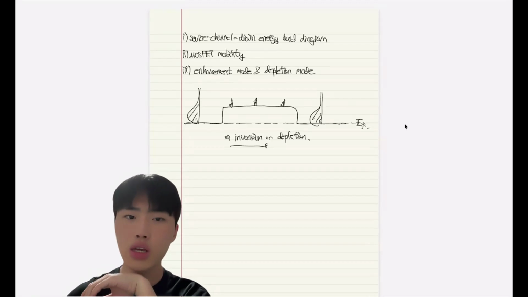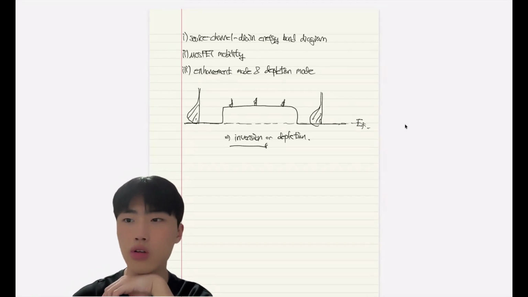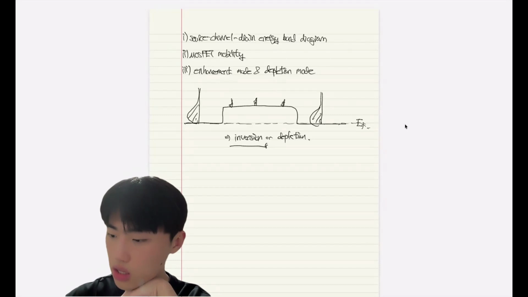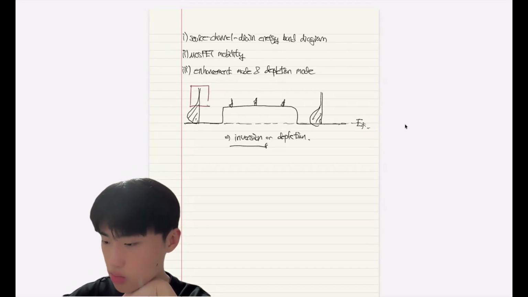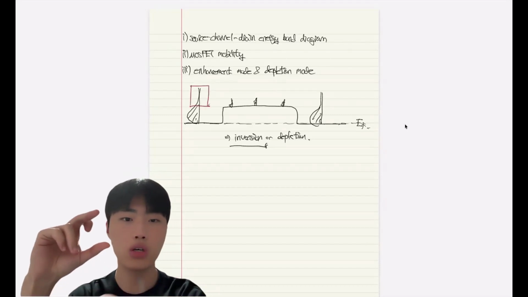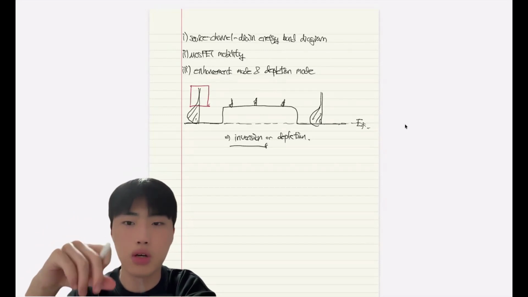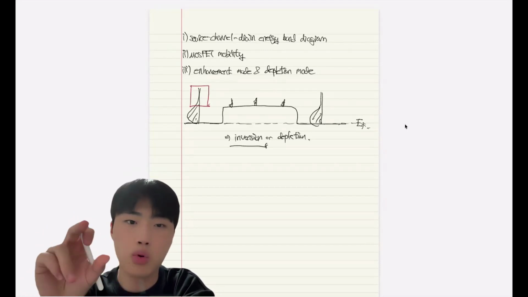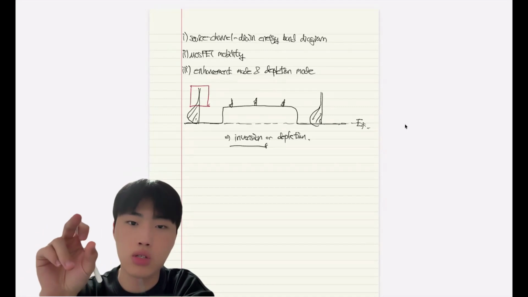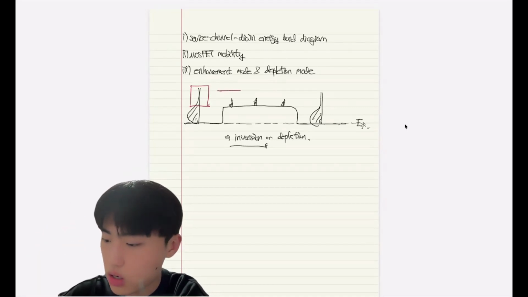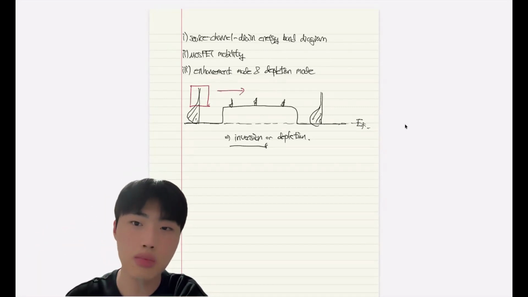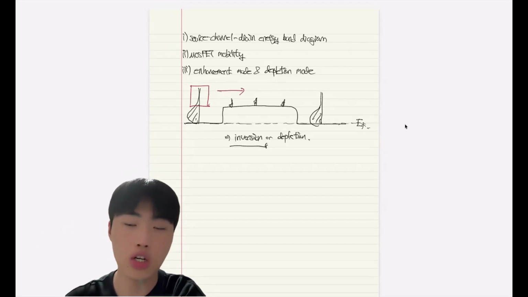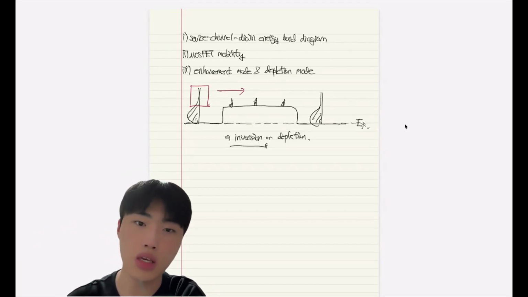Actually, there is some kind of current flowing, because through this portion of the Boltzmann tail the electrons can go over to the channel, but the net current will be zero.